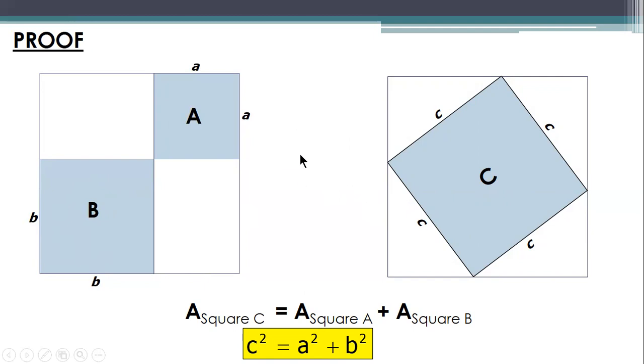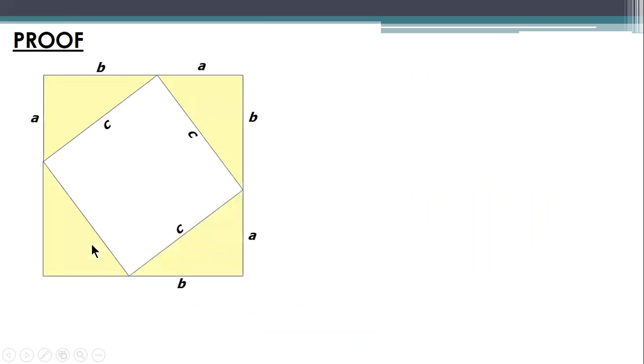Proof number two is similar to this figure. From this square, let's draw four identical right triangles, and then we have this inner square.